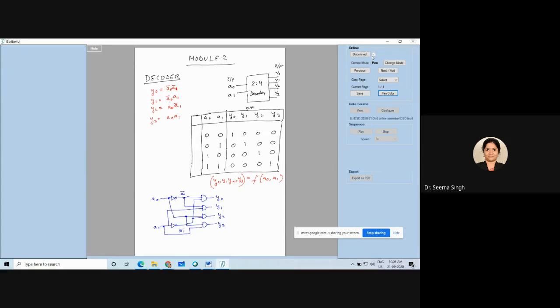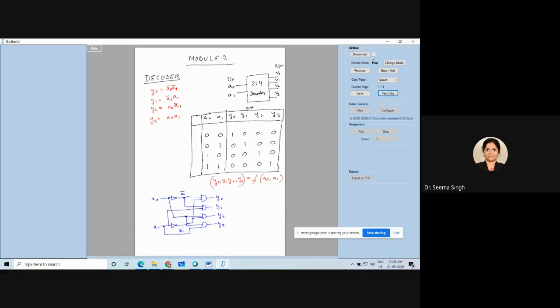Now, generally what we have seen is that the enable pin is always active low. I hope you remember what active low means. Active low says that if the input is given as 0, then it becomes working, and if it is 1, it is not working.